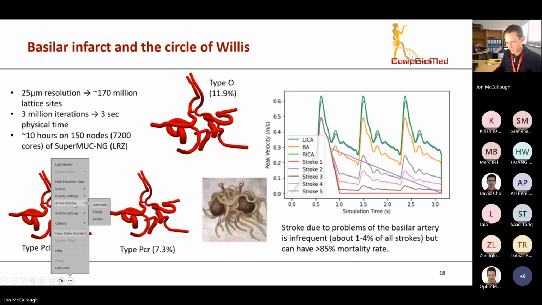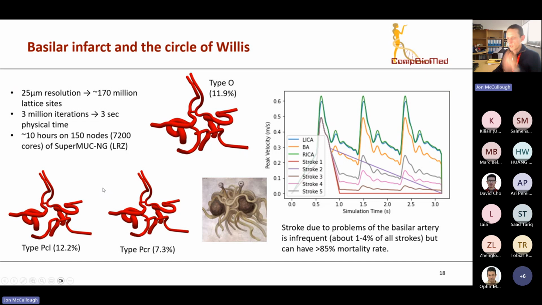If you look just at this bottom left here, we're missing a connecting vessel coming from the basilar artery at the rear to the front of the brain vessels here. And in this case, we're missing one on the right-hand side. Significant portions of the population actually present with missing vessels such as these.